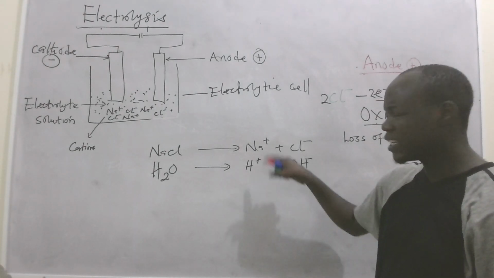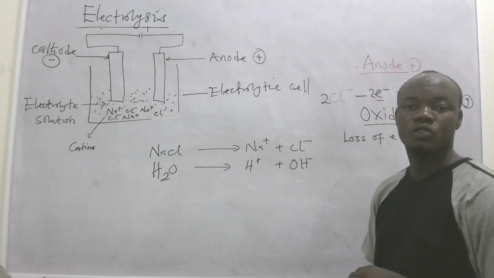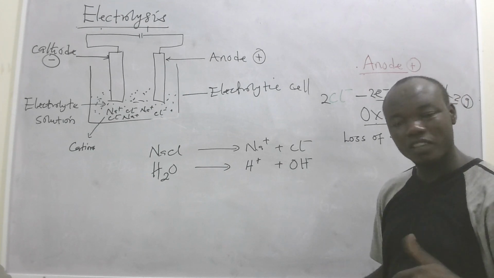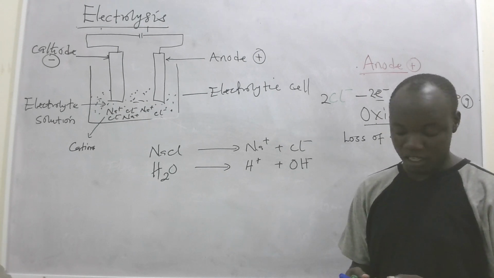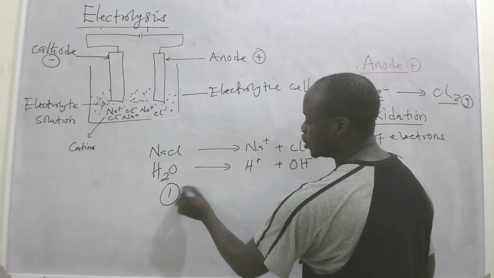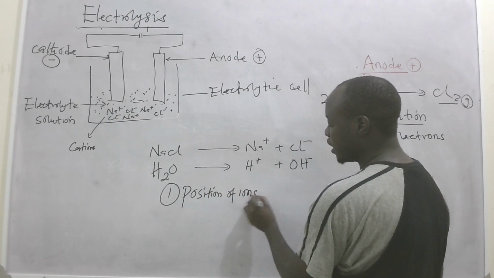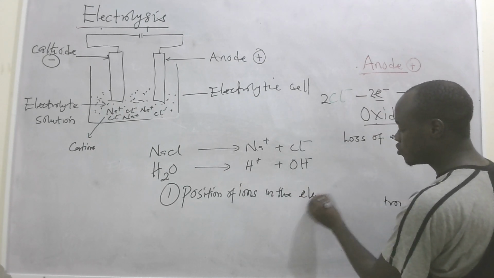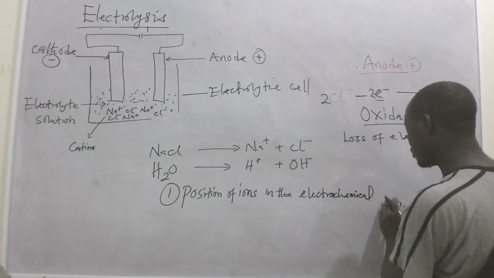But we don't know which one will migrate toward the cathode. So which one will be discharged and which one is not going to be discharged. So these are the factors that affect the differential discharge of ions during electrolysis. And these factors include number one, position of ions in the electrochemical series.